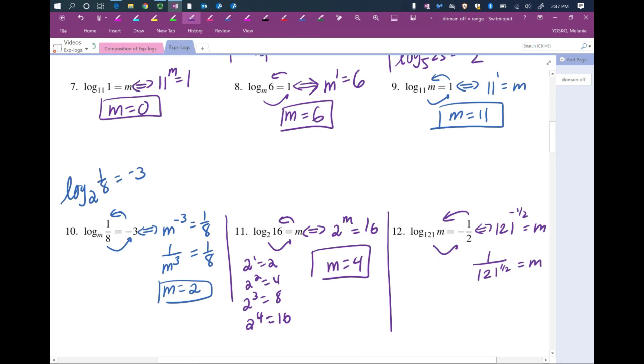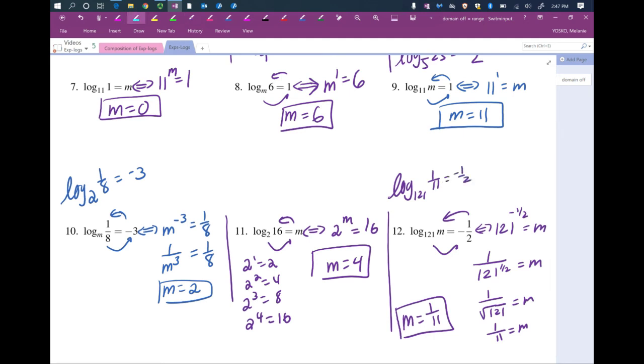And then the 1/2 power is the same as the square root, so this is 1 over the square root of 121, which is 1 over 11. So m is 1 over 11. Let's confirm what we wrote earlier. Log base 121 of 1 over 11 equals -1/2. One is an integer, one is a rational number, the power is negative. Okay? Hopefully you're starting to get the hang of this.